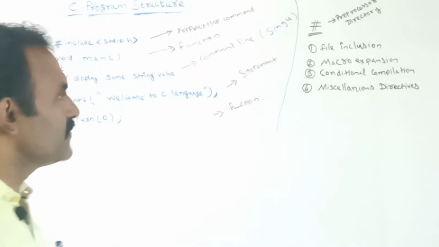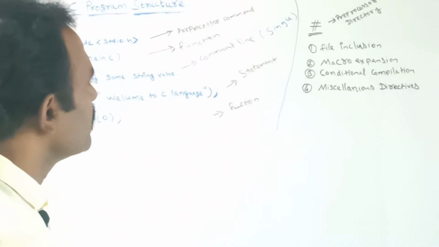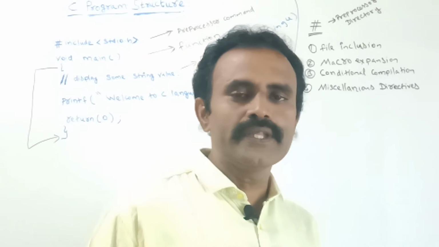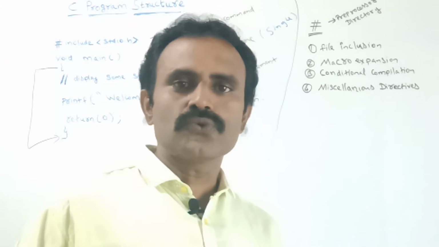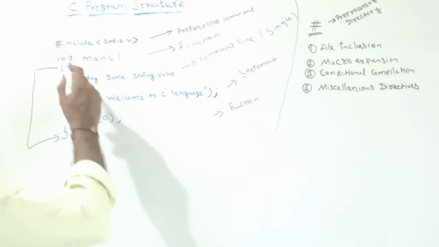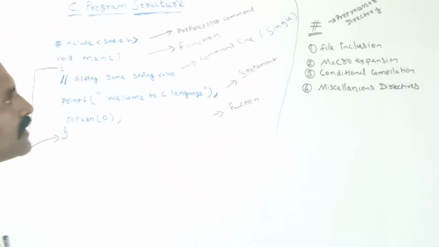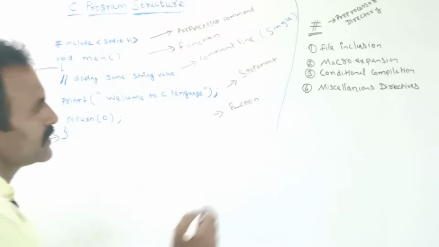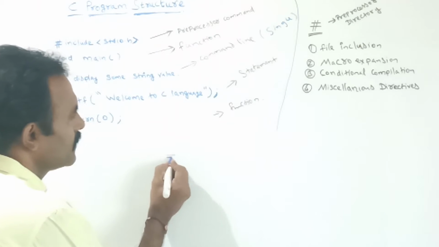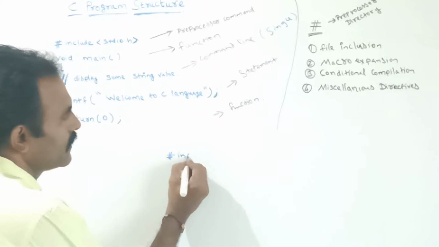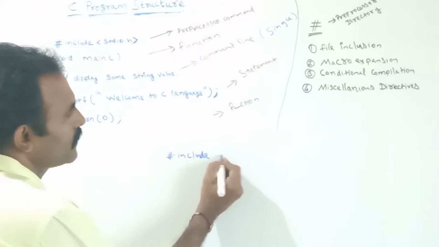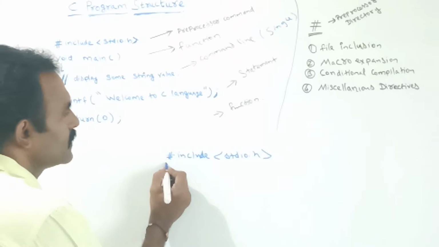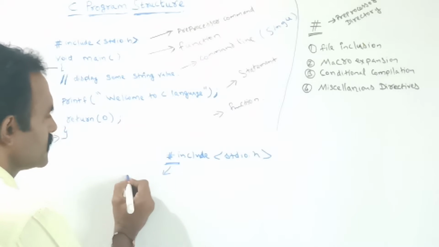Here first one, the file inclusion. In file inclusion we can include the header file in our source code. See, this is the source code written by us. Here what is the preprocessor command? Include stdio.h. This is the preprocessor.